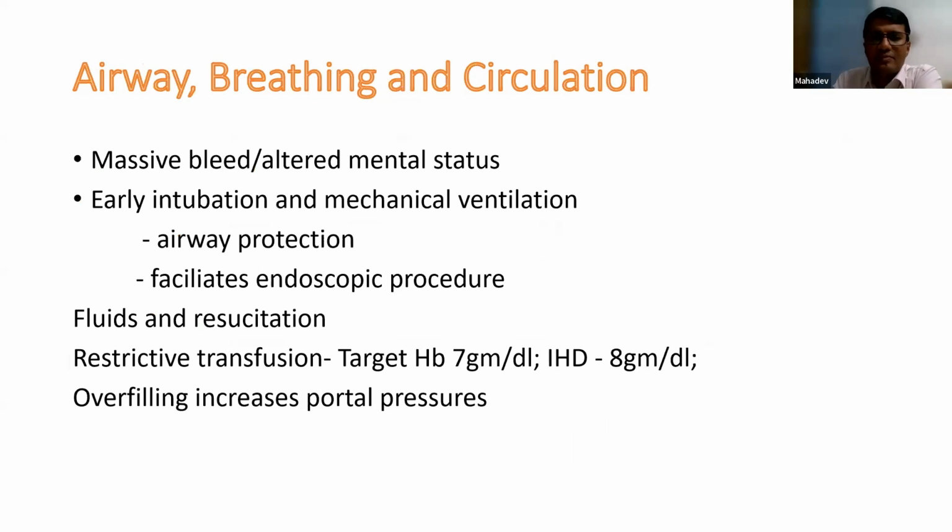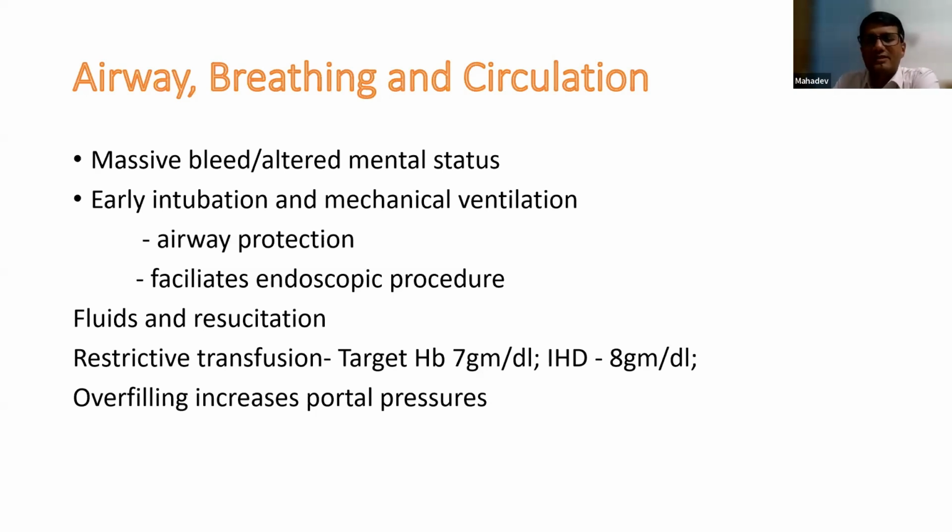This is for airway protection and it also helps to facilitate endoscopic procedures. Otherwise, the patient will be retching and uncooperative, and it will be difficult to visualize. If the endoscopist wants to do a procedure like banding, the field keeps moving. So it is safer and easier if we intubate, sedate and paralyze them, and the procedure time will be shorter.